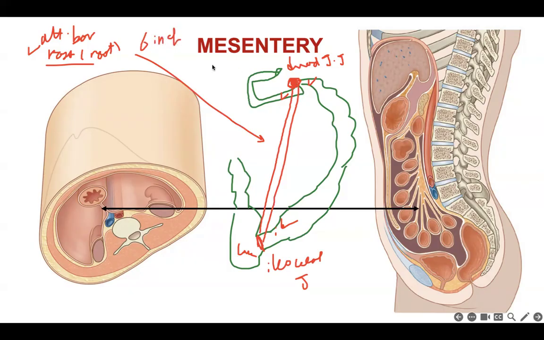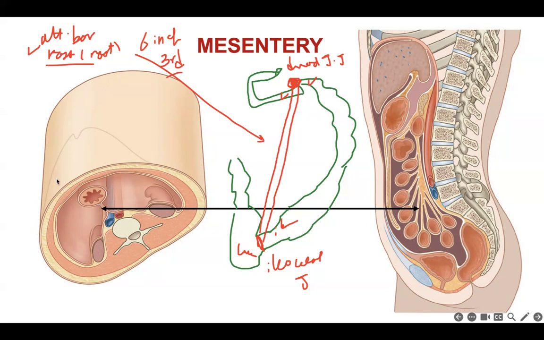And it is crossing in front of the third part of the duodenum. You have to mention that this root or posterior border of the mesentery crosses in front of the third part of the duodenum. So what is the name of this? The root of the mesentery.